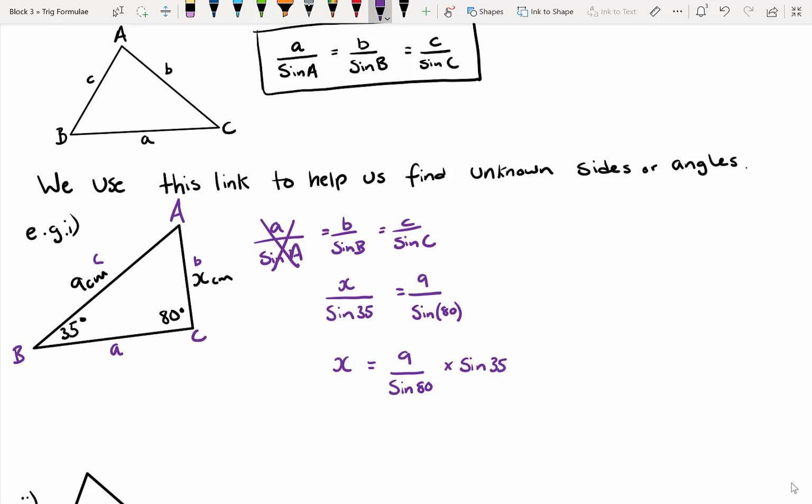That's what we're going to ask our calculator, which is why it's important to remember to put in the brackets where it wants us to. Depending on your type of calculator, it'll depend on where it wants them. We're not going to put them in every possible place, otherwise we'll have lots and lots of brackets. When we crunch the numbers, we end up getting 5.2, and my units were centimeters, as my missing side.